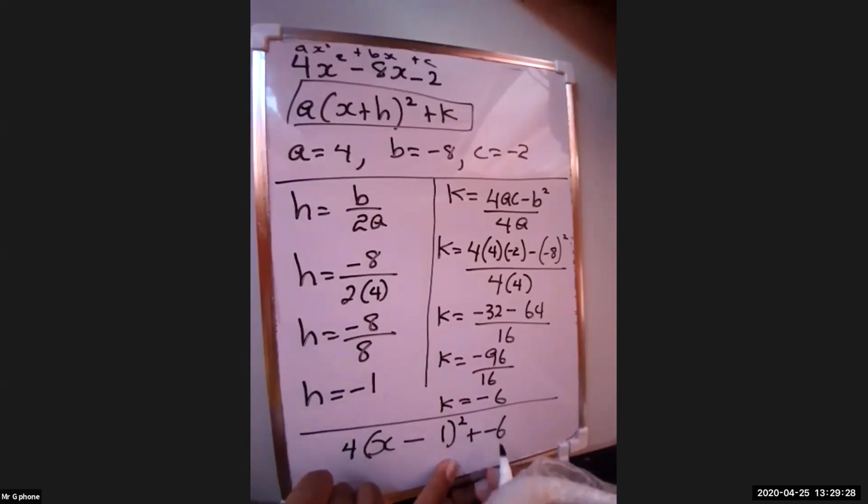A positive and a negative is a negative, so we could change this to -6. Right? So this is how we form a into x plus h squared plus k. Anybody has any questions?